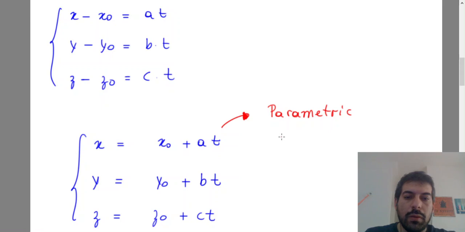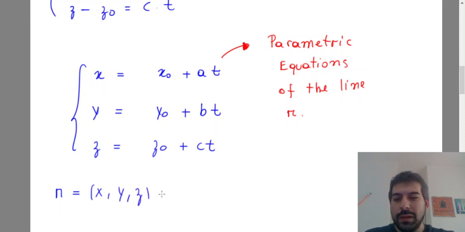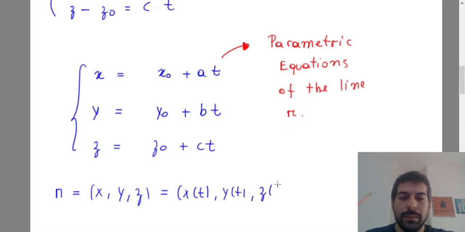Parametric equations of the line R. Very good. So we can also represent this coordinate by coordinate. We can represent R as a line whose coordinates are x, y, and z, that end up depending on t, so I can represent x(t), y(t), and z(t) here.